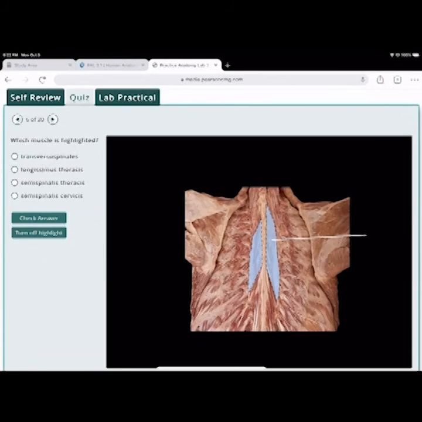Semispinalis cervicis. There you go. That one, the semispinalis thoracis. That's more towards the middle. The cervicis is more towards the lateral border of it here. And they're dissected out. Like I said, those are really hard to understand.